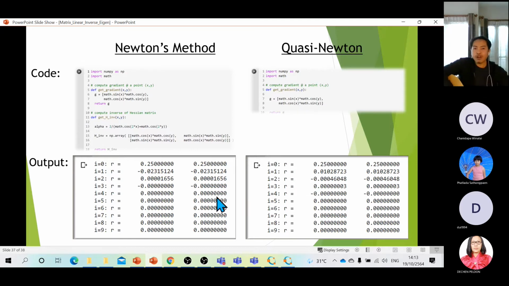Now the output is almost the same in case of convergence, but the value will be different. Like for this here, you have minus 0.02, but for this quasi version, you get plus 0.01. So the value will be different, but the result in the final is the same.